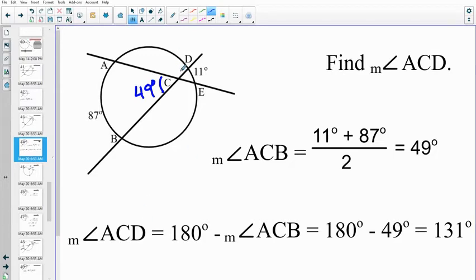Well, ACD plus 49 adds up to 180. So let's just take this 180 total, take 49 away from that, and we'll be left with the measure of this one. And you can see with the work that I've got down at the bottom of the screen, 180 minus 49 is 131. So the angle that I'm looking for, ACD, is 131 degrees. Just a little bit more complicated.